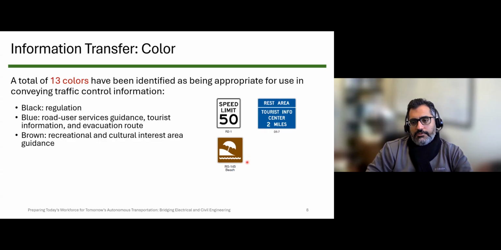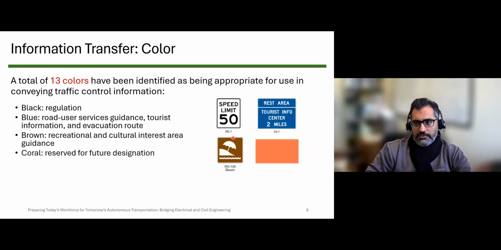For example, if there is a public beach, the sign that we use should have a brown background. We have coral that has no information or rules assigned, but it is reserved for future use. This is something like somewhere between brown and orange.